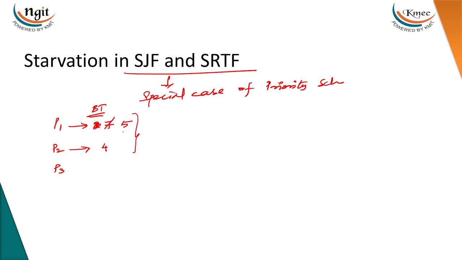What is the remaining time? 5 and 4. So P1 will be preempted and P2 will be loaded into the CPU. Then, at the time P2 is finishing, one more process comes with a lower burst time than P1. Now P3 comes with 3, it is compared with P1, and P3 will be executed.